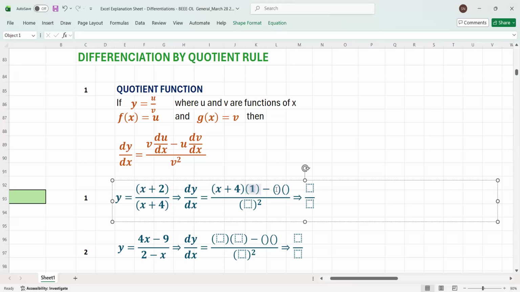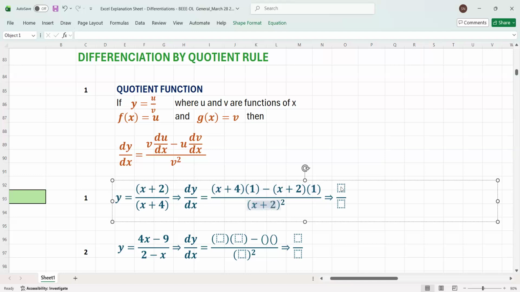Minus, now we keep the numerator constant, x plus 2 constant, and then we differentiate the denominator. My denominator is x plus 4. And if I differentiate that, I'll get the value to be 1. Okay, all divided by the denominator x plus 4 all squared.